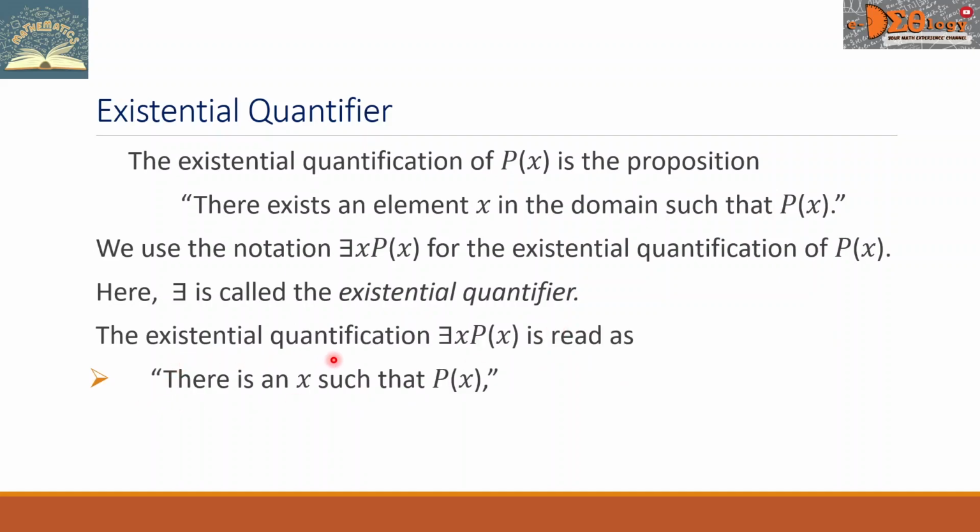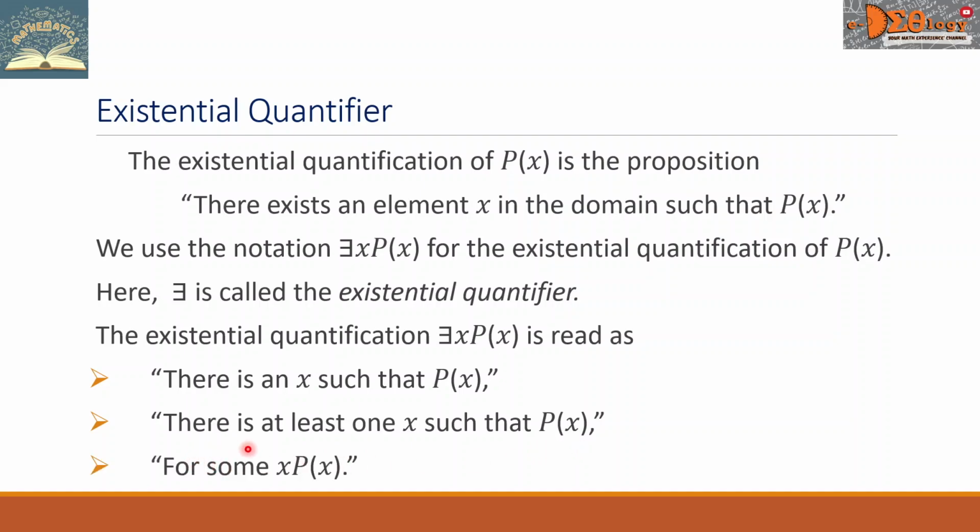The existential quantification reversed E x p of x is read as there is an x such that p of x, or it can be like this: there is at least one x such that p of x, or it can be like this: for some x p of x.